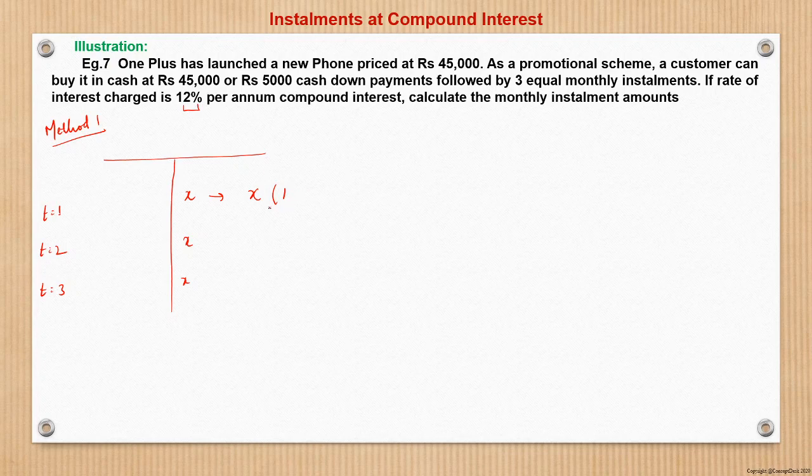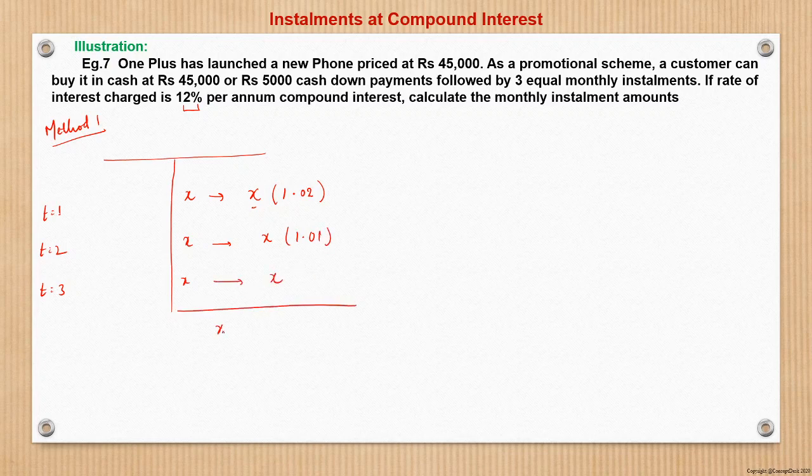This will earn interest for 2 months. 12% per annum, so we can say this is 1% per month. So for 2 months this will be 0.02, right? The next will earn interest for 1 month. So X into 1.01, and the last remains X only.